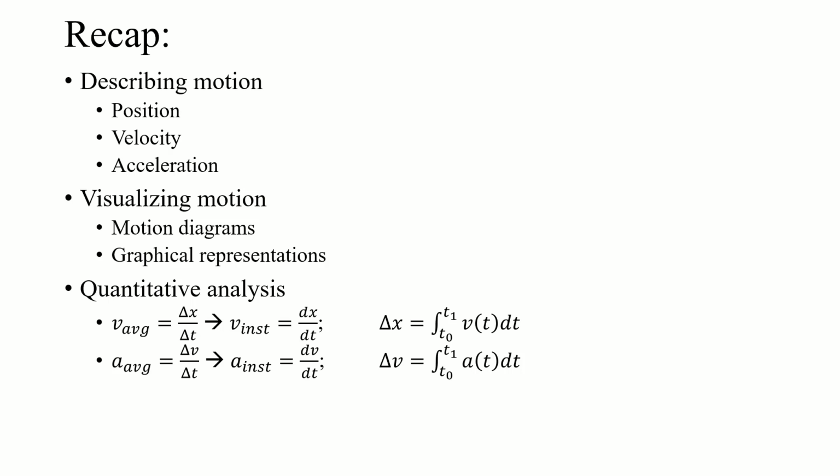Likewise, acceleration was the change in velocity with respect to time, and taking the limit of that time interval going to zero, we got the derivative of velocity with respect to time. Going the other way, thanks to what we know from our calculus courses, if you wanted to know the change in position and you had the velocity as a function of time, we could simply integrate that over the time interval to get the displacement, or the change in position.